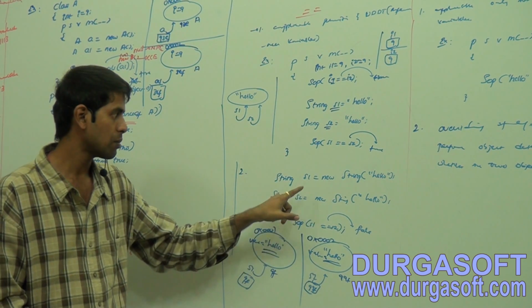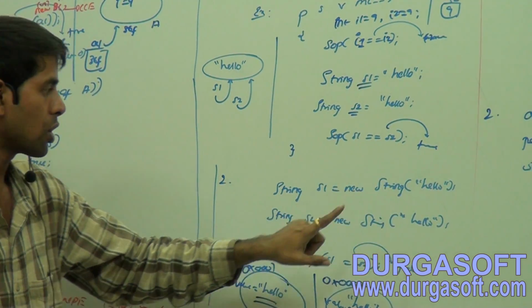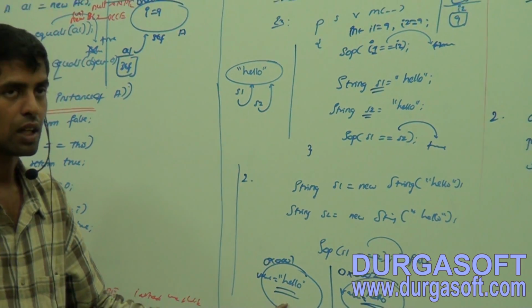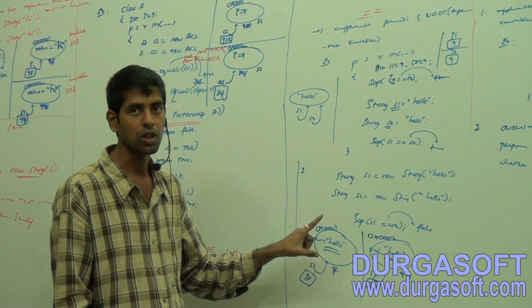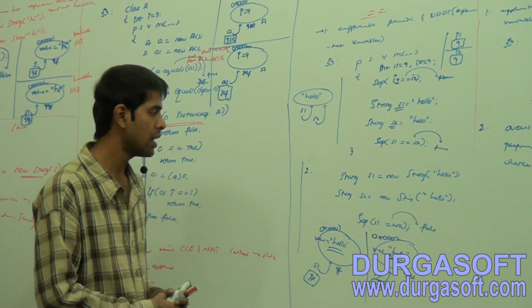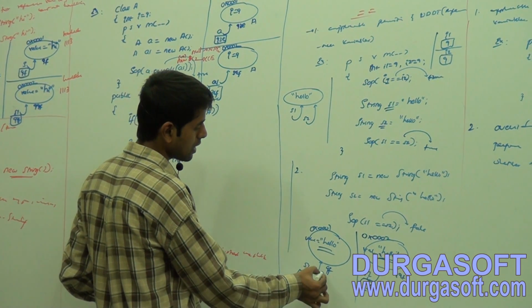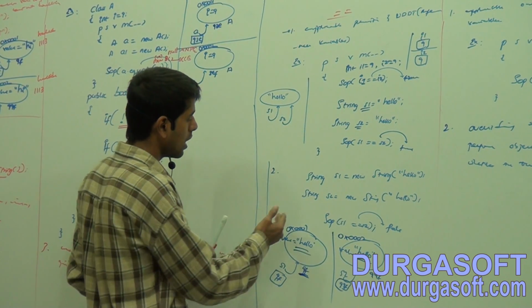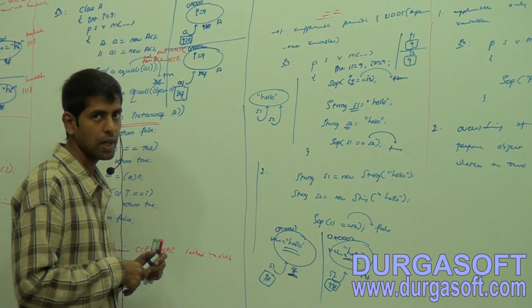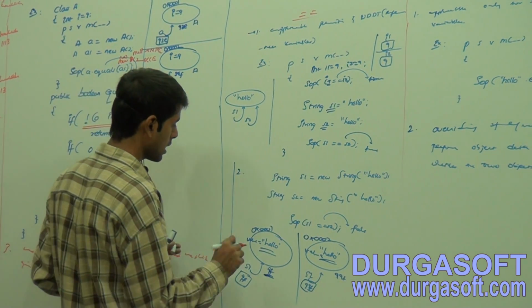For that, the best example is String s1 equals to new String("hello"). Because of that, an object has been created in memory. There will be a unique address for each and every object. That address's approximate hexadecimal string value is our reference, and this address's approximate integer value is the hash code.